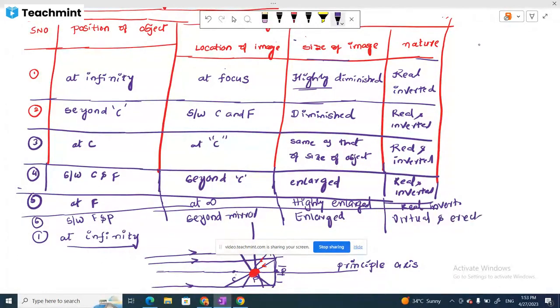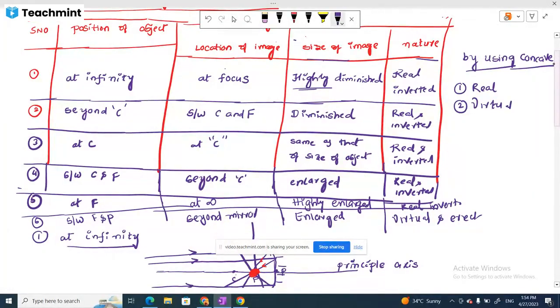From this we can say that by using a concave mirror we can form a real image as well as a virtual image, and also different sizes: diminished, highly diminished, the same size as the object, and also greater than the size of the object.